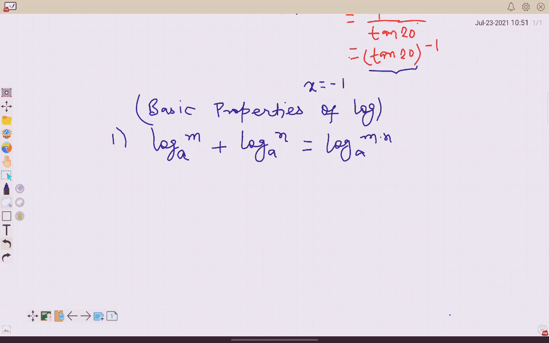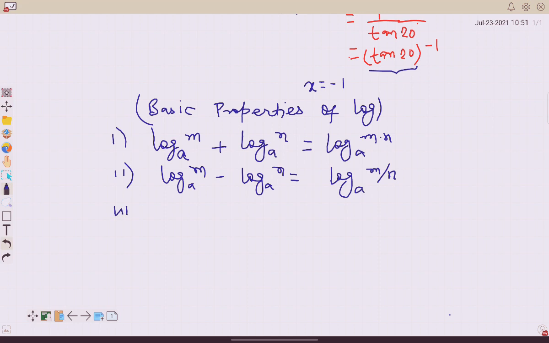The second property is, if two logs are in subtraction form, log m base a minus log n base a, then we can write log m divided by n with the same base. This is the second important property.